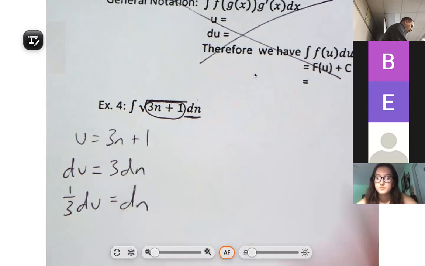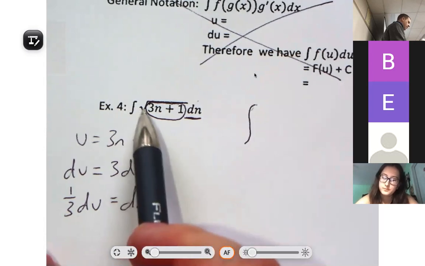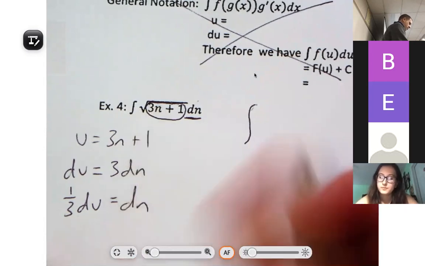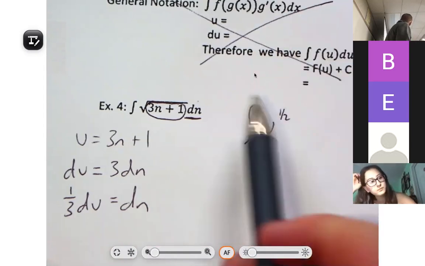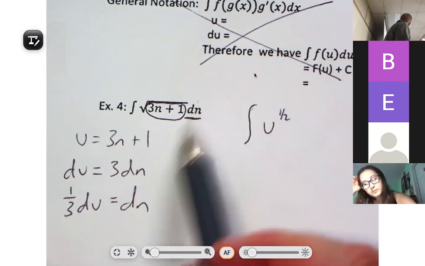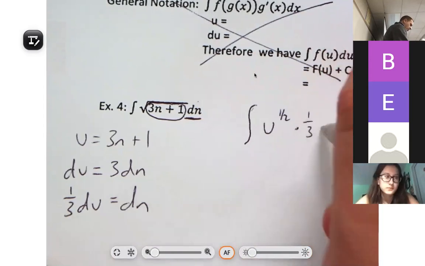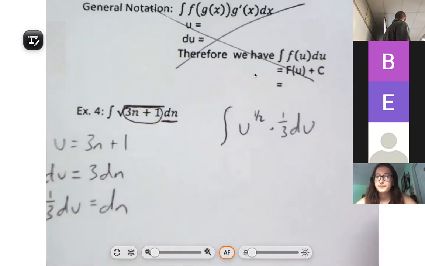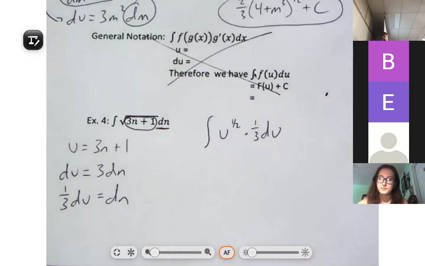So I would have the integral of, well, this would become u to the 1/2. And then instead of putting dn, that's the same as 1/3 du. I wanted to show this so you guys could see where stuff's coming from.